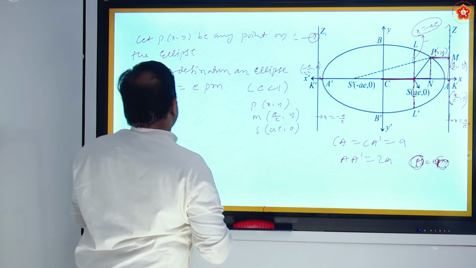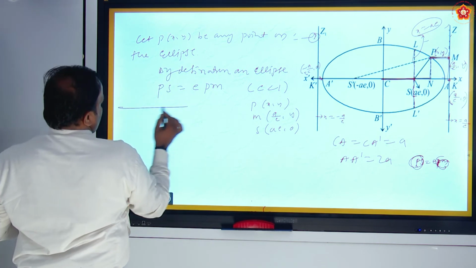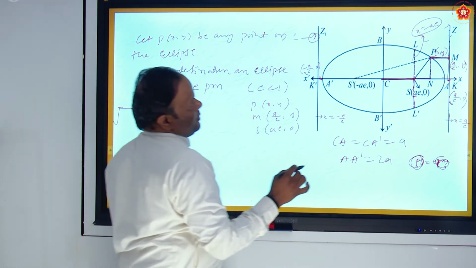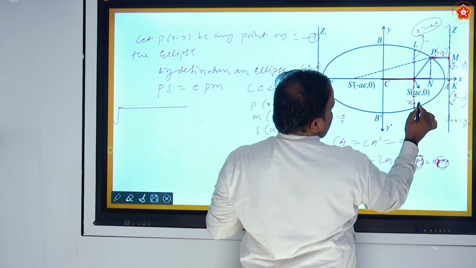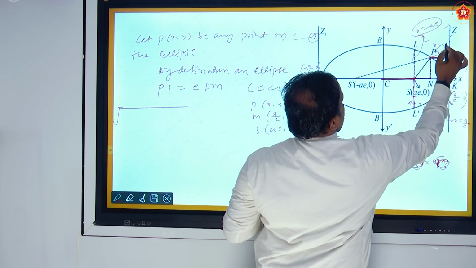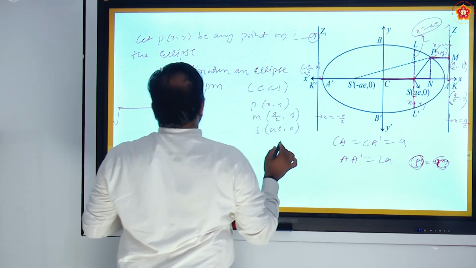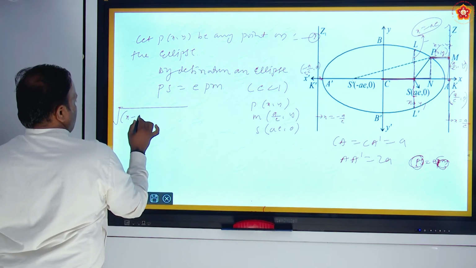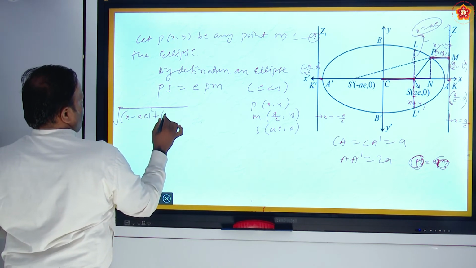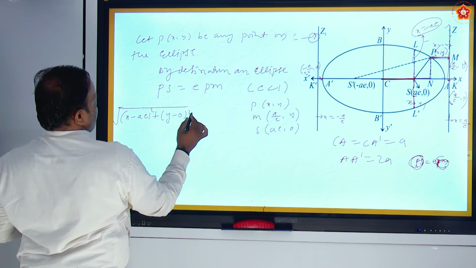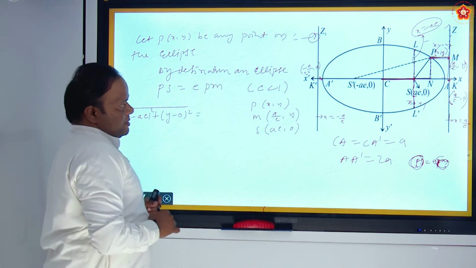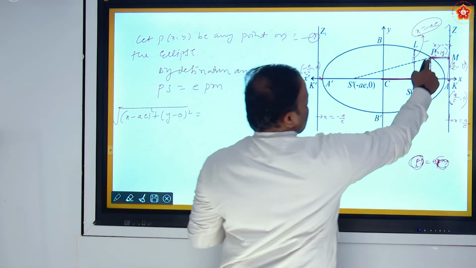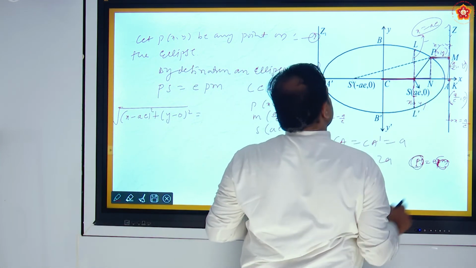Observe the figure. PS by distance formula is the root of (x2 minus x1) whole square plus (y2 minus y1) whole square, so PS is root of (x minus ae) whole square plus (y minus 0) whole square.